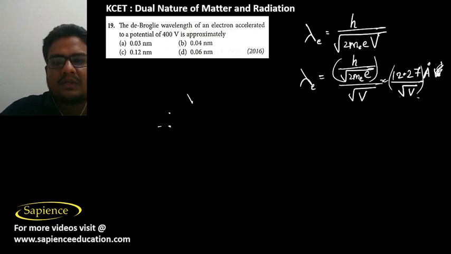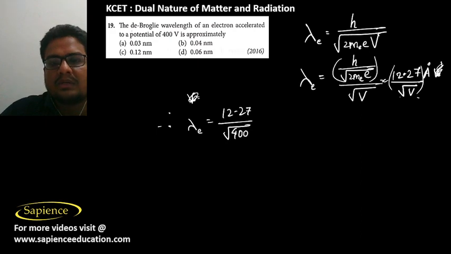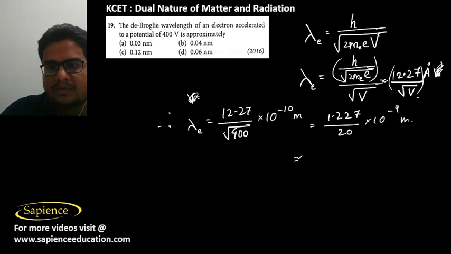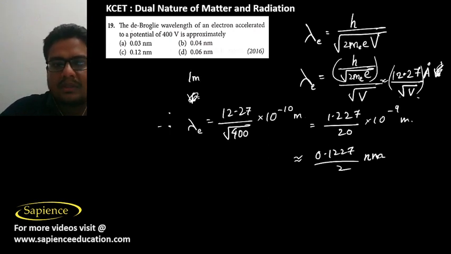Here V is equal to 400 volts. So the de Broglie wavelength will be 12.27 by root over 400 angstrom, that is 10^-10 meter. This I can write as 1.227 divided by 20 into 10^-9 meter, that is 0.1227 divided by 2 nanometer, since 1 nanometer is 10^-9 meter.